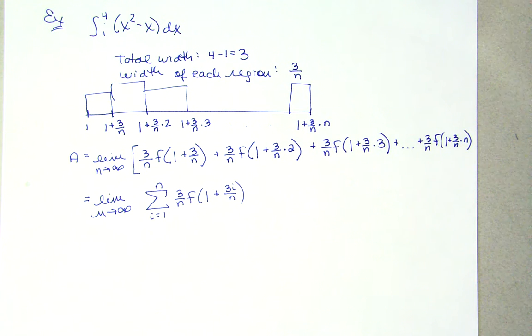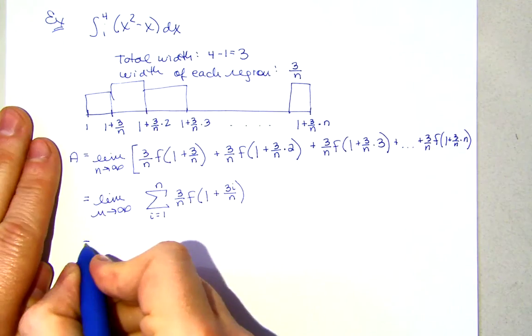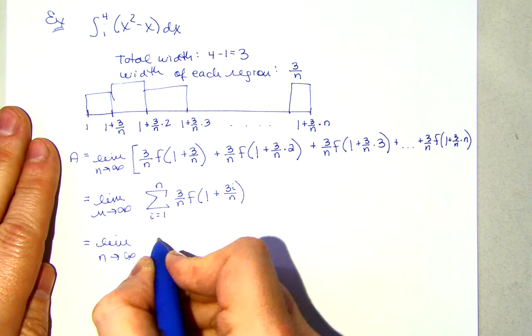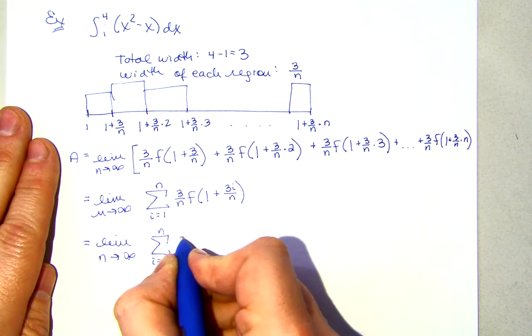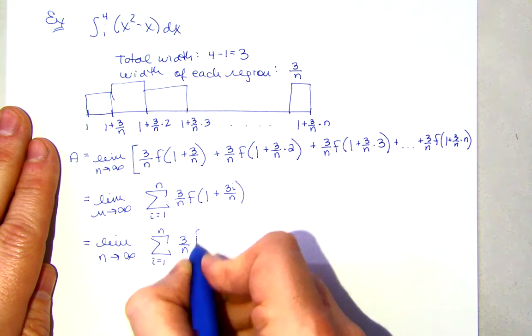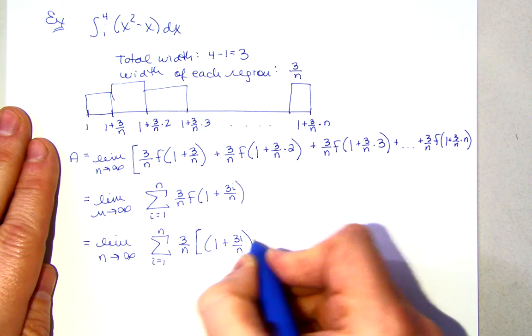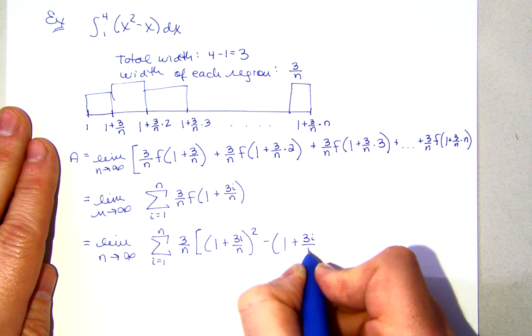Okay, what's the function that we're using? X squared minus x. I'm going to plug this into that function. I'm going to get the limit as n approaches infinity of the sum as i goes from 1 to n of 3 over n times (1 plus 3i over n) squared minus (1 plus 3i over n).